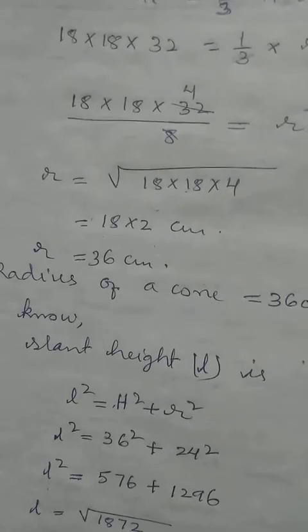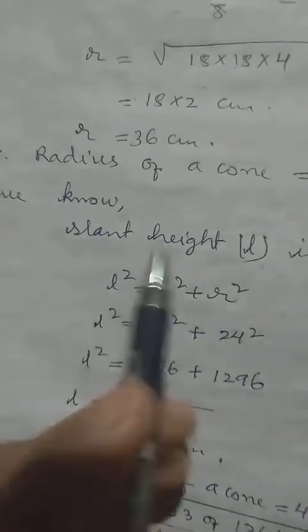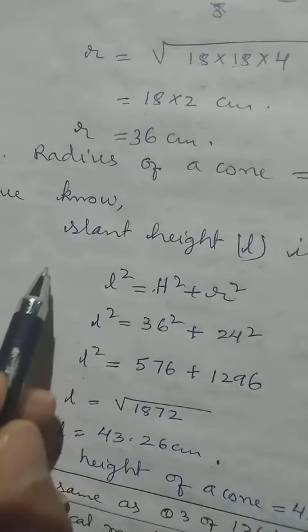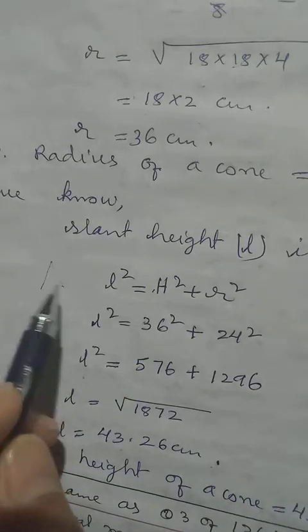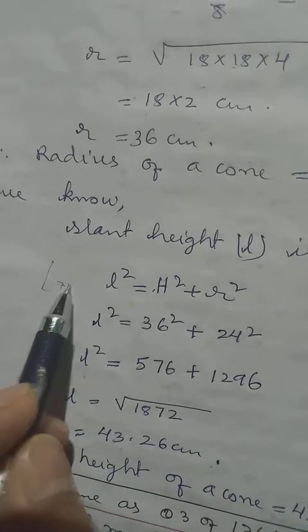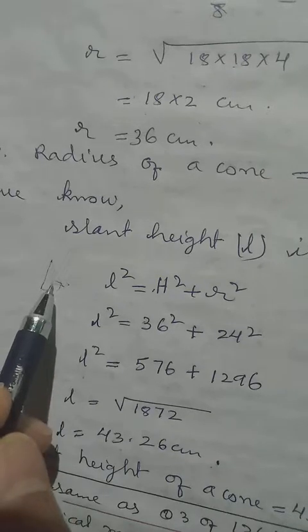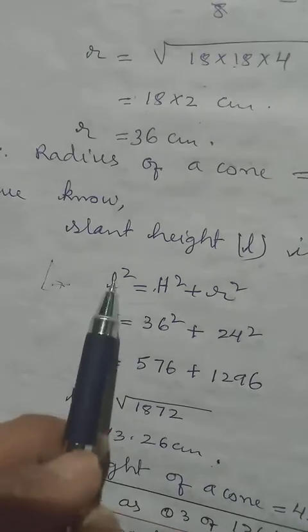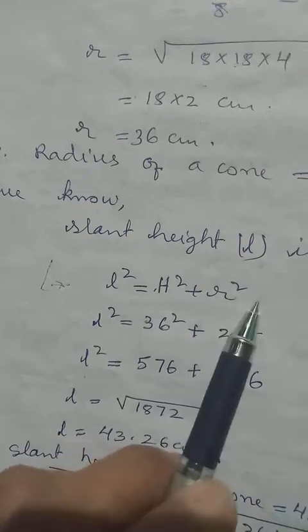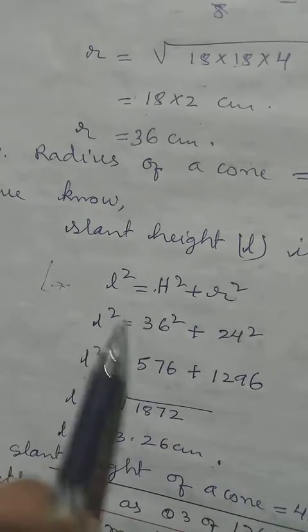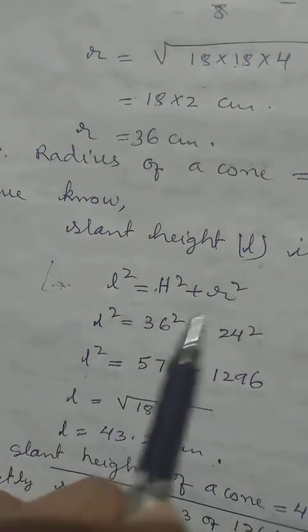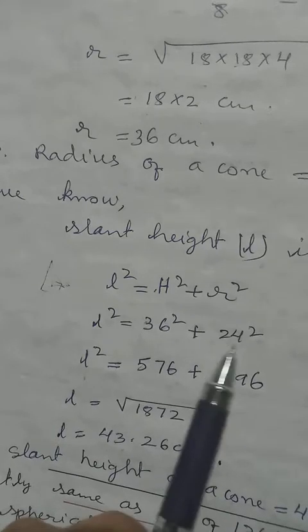Now that we have the radius, we have to find the slant height. We know for the slant height we have to use Pythagoras theorem, right? We have it like that. This is the slant height, which is the hypotenuse, with the perpendicular height and radius. So L square equals h square plus r square. L square, h we know 36 square, r we know 24 square.